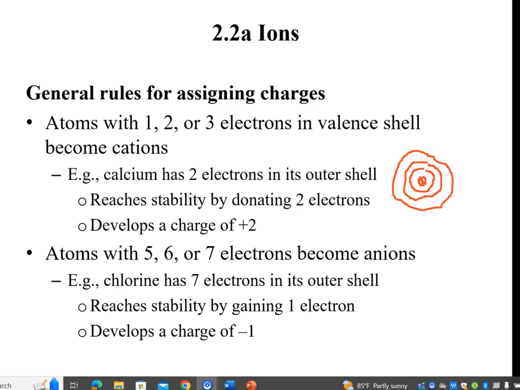Atoms with 5, 6, or 7 electrons become anions. So let's say chlorine. It has 7 electrons in its outer shell. It's so much easier for it to gain 1 more electron and complete its outer shell than it is for it to lose 7 electrons. So it gains 1 electron and develops a charge of -1.